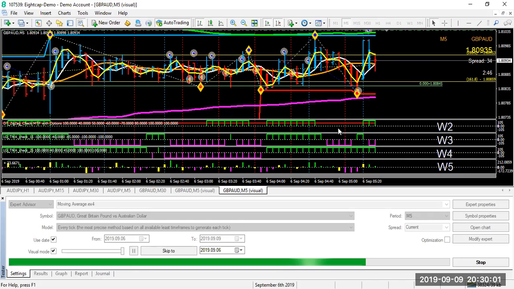Okay, so once again, very hard to beat a confirmed vertical line.